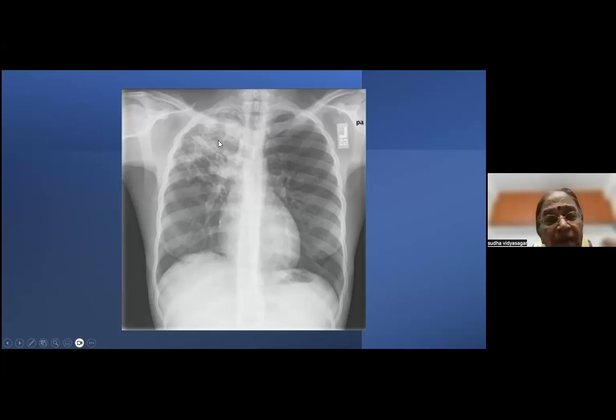And they are likely to be active tuberculosis. Okay, though we say there is fibrosis, I'm not denying that. But once you get this small opacities there, which are looking soft to you, the tuberculosis is likely to be active. Remember that once you treat the tuberculosis, the fibrosis will not completely come back to normal. The fibrosis is going to remain. The cavities which are big are not going to close completely.